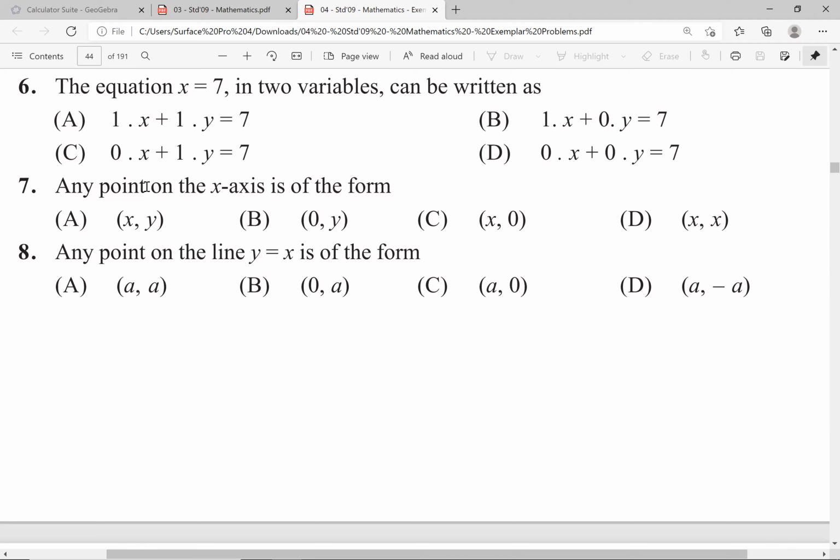The second one is 1 into x plus 0 into y is equal to 7. Third one is 0 into x plus 1 into y is equal to 7. And the fourth one is 0x plus 0y is equal to 7. So which one is the same as x is equal to 7?